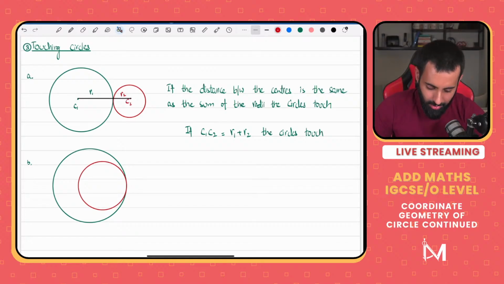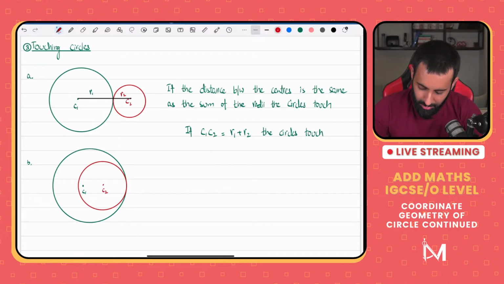Very similar to the previous case, let's say the center of the big green circle is right here. Let's call this C1. Not drawn to scale, obviously. And let's say the center of the red circle is right here, C2.